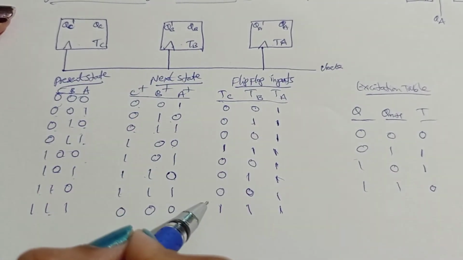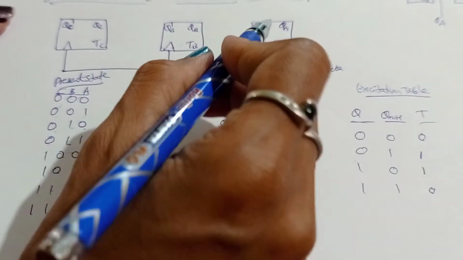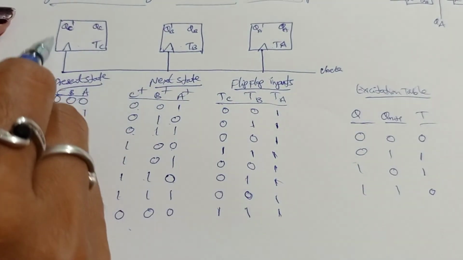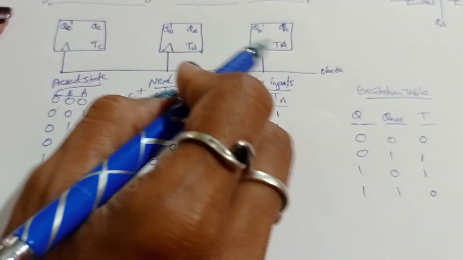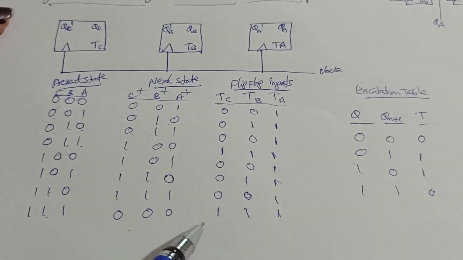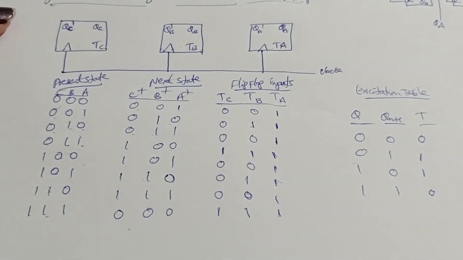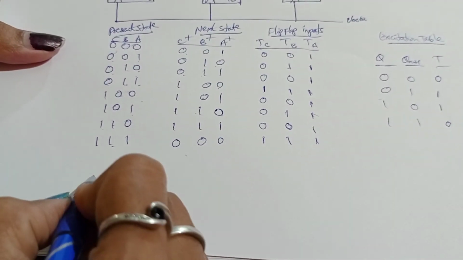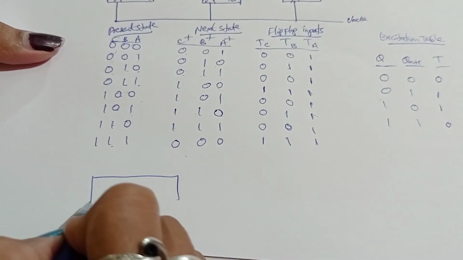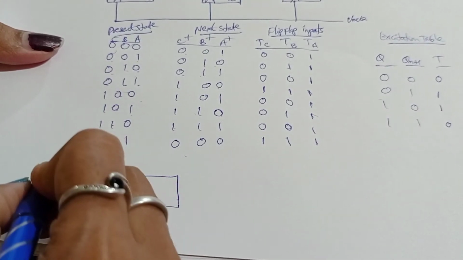Now we'll find out TC, that means T flip-flop C, and next B flip-flop, A flip-flop. Now we'll see what the inputs will be, taking the K-map. Consider the K-map for TC.